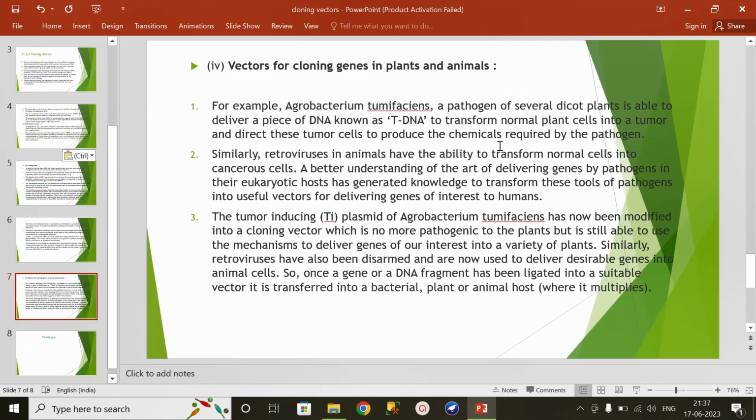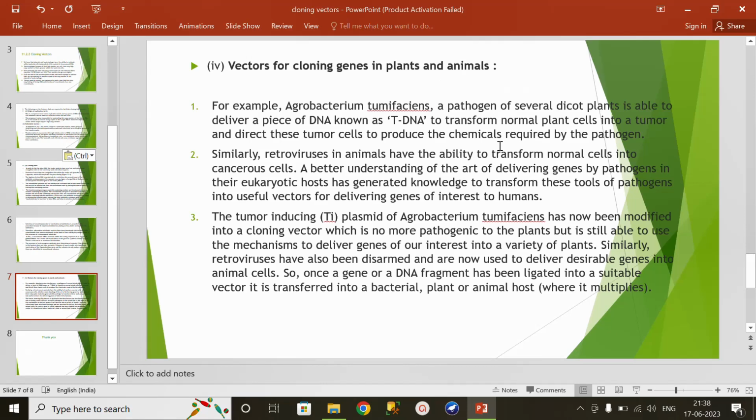A better understanding of the art of delivering genes by pathogens in their eukaryotic hosts has generated knowledge to transform these tools of pathogens into useful vectors for delivering genes of interest to humans. So, to produce different cloning vectors or required substances inside human cells, retroviruses are used, but they are under some guidelines.